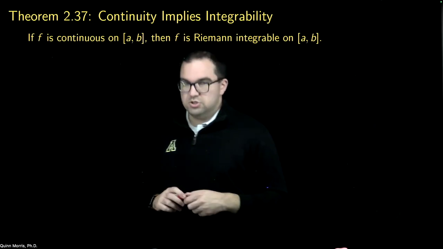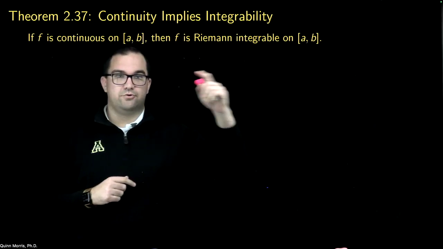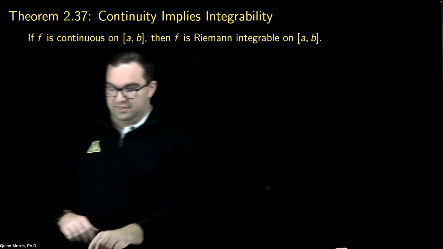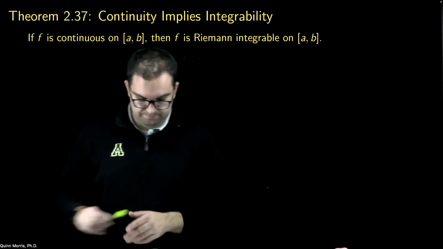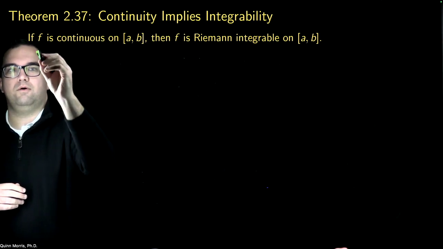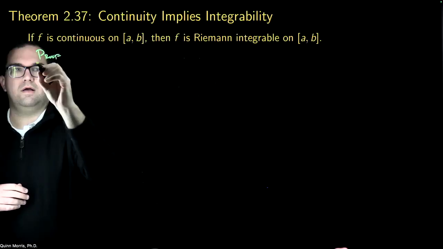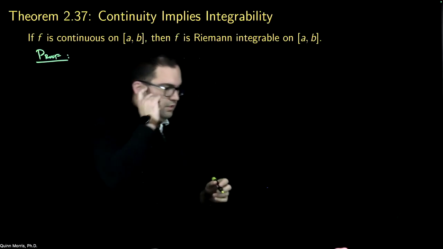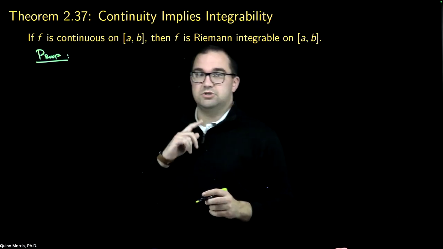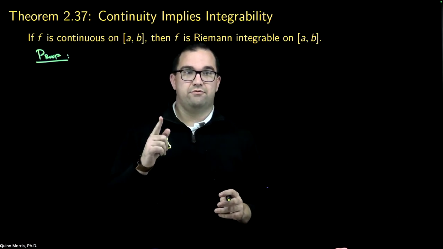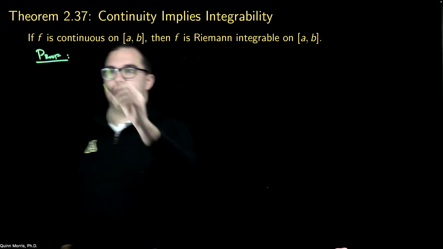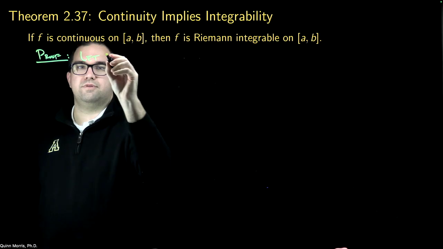All right, my goal is to show that f is Riemann integrable, and I'm going to use this new criterion to prove it. So what do I need? I need to show that I can find a partition P such that the difference between the upper sum of f over P and the lower sum of f over P is less than any given epsilon. So let's start with an epsilon.